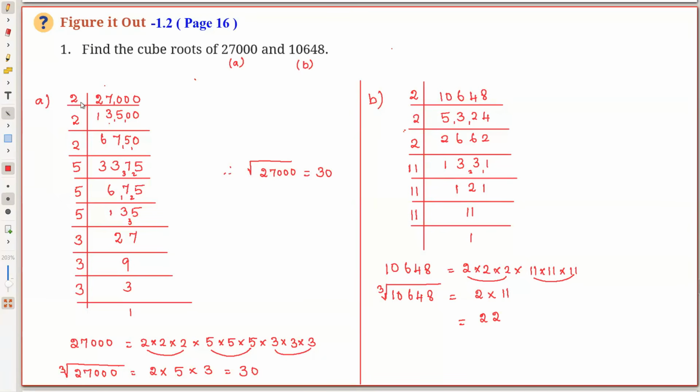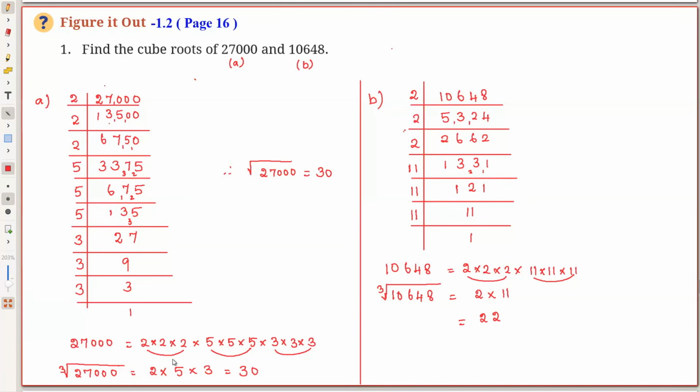So use prime numbers, and if you are able to write the number as triplets, then it's called a perfect cube number. Here, the prime factors of 27,000 are 2 into 2 into 2, 5 into 5 into 5, 3 into 3 into 3. So 2 has a triplet, 5 has a triplet, 3 also has a triplet.